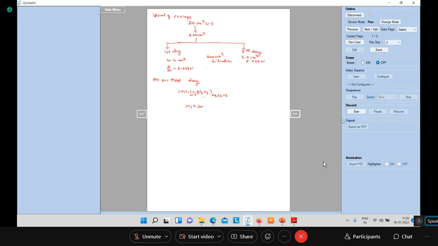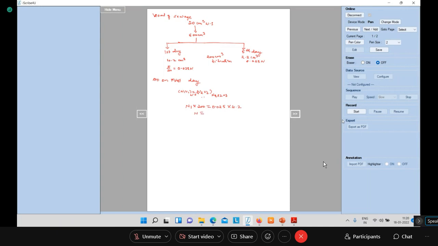N2, the normality of sodium thiosulfate, is 0.025, into the volume, which is 4.2 cm cube on the first day. Therefore, you calculate N1.